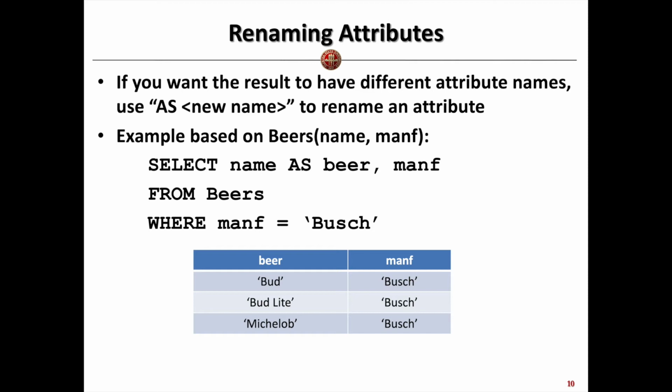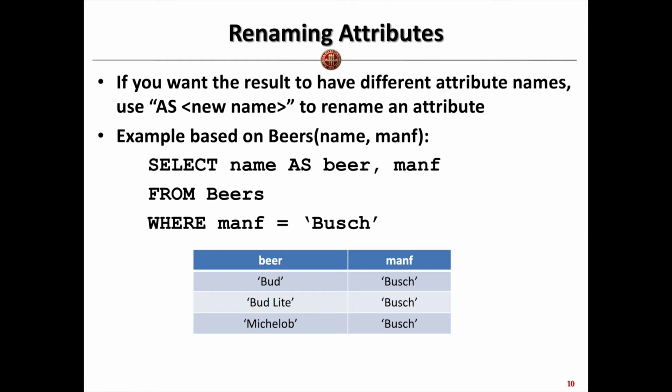So we can rename some attributes. The way we do the renaming is like this. If we plan for the result to have different attribute names, then we can use AS followed by a new name to rename an attribute. We show an example on this renaming as follows. We are still working on the beers table with name and manufacturer. We plan to change name to beer instead.